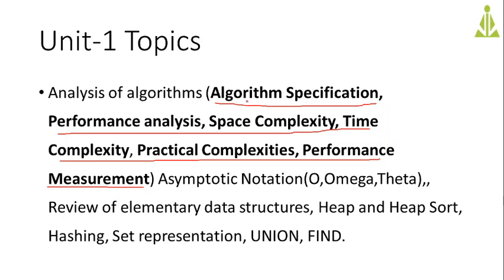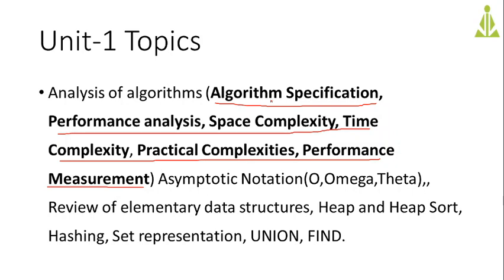So what is our algorithm specification? If you remember, in the algorithm specification we have 5 things. First one is input. 0 or more inputs can be applied to any algorithm. Second one is output.